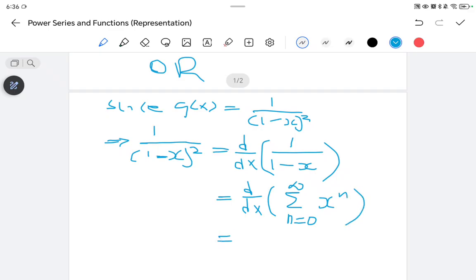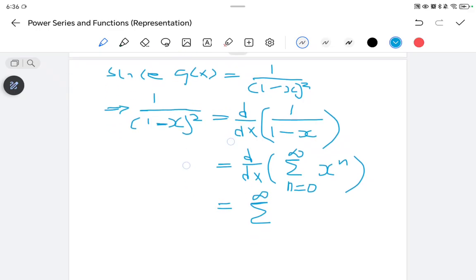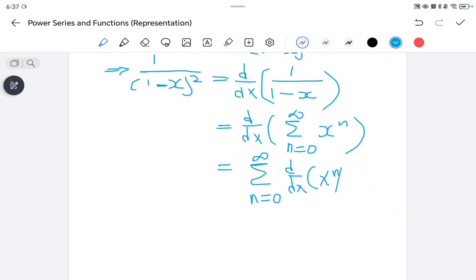Now we can differentiate that. I want to show all the steps. Then this would be the summation from n equals 0 to infinity of n x to the n minus 1. This would be the power series representation.